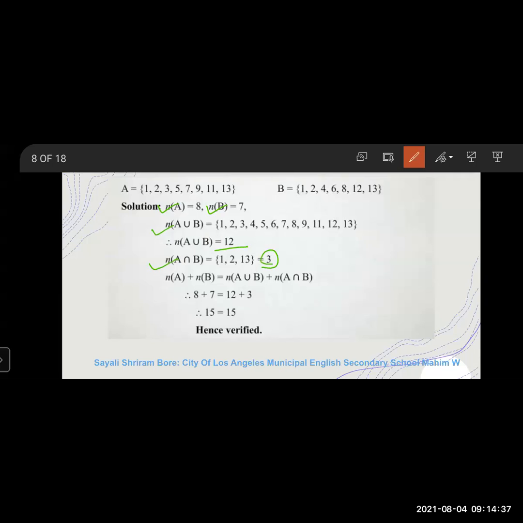Now what you have to do is the verification: n of A union B is equal to n of A plus n of B minus n of A intersection B. Now union is how much?